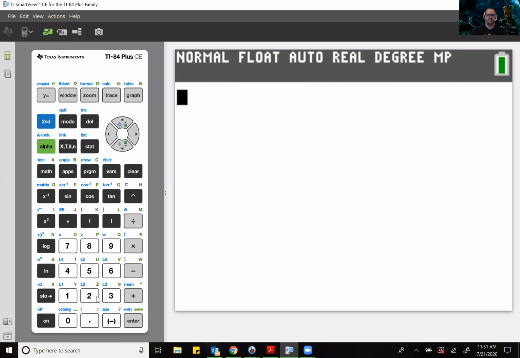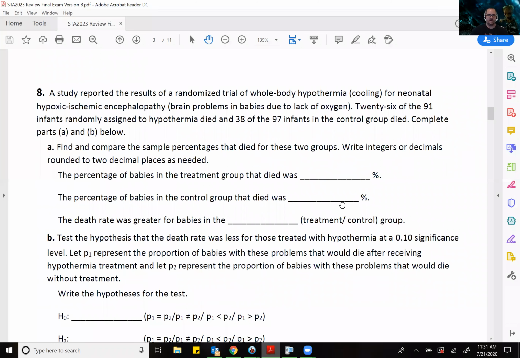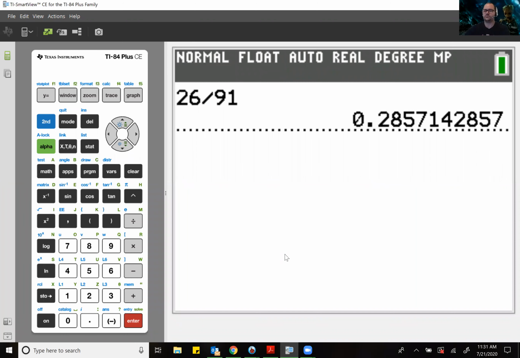No worries. 26 divided by 91. And there it is. And then let's jump back. Percentages. Round to 2 decimal places as needed. So again, you've got a whole number here of 0.2857142857.